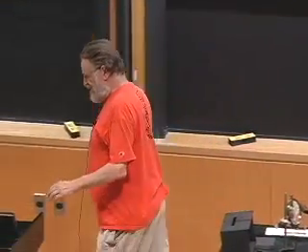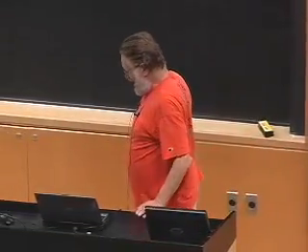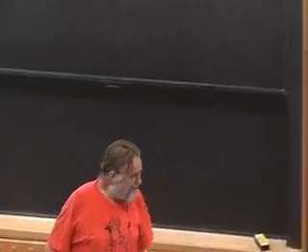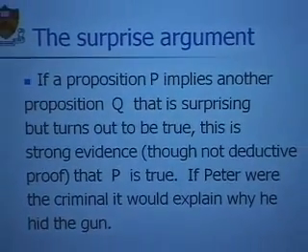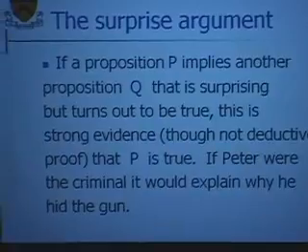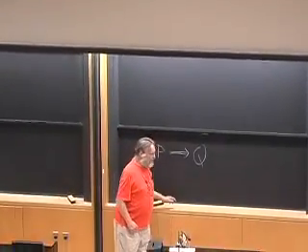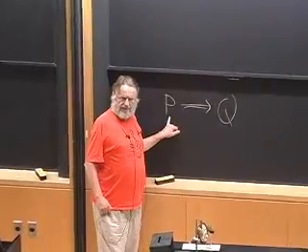Now remember, this is not a deductive logical argument. Suppose P implies Q. P is some proposition, and P implies, we usually use this kind of arrow, Q. Then, how can that provide any evidence for P?